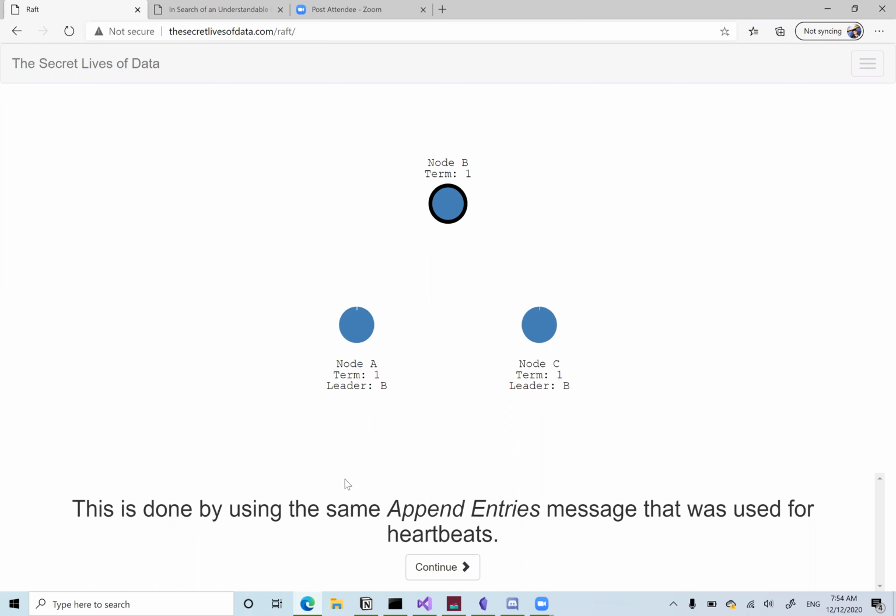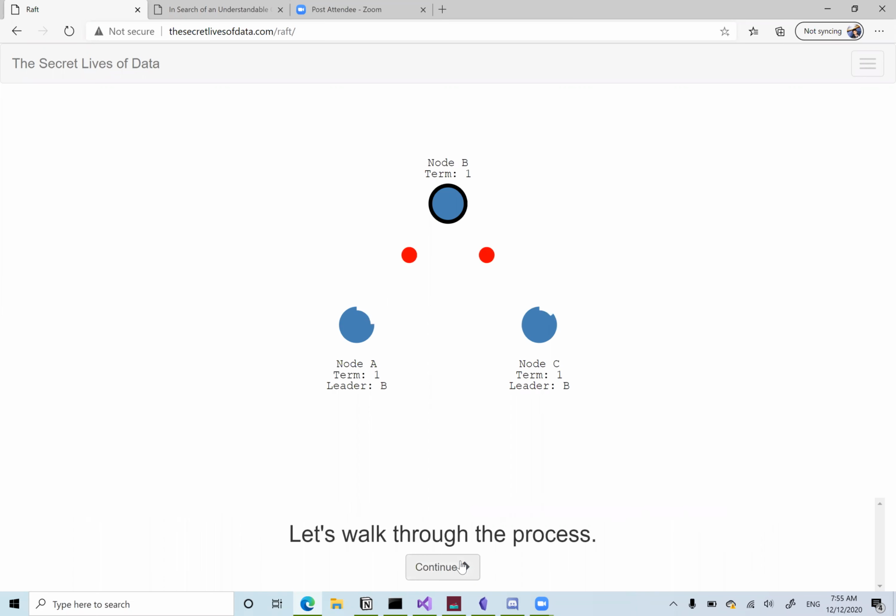So heartbeat is also being used to tell that there is a leader in the system and also to append these entries, which could be the messages sent by clients that have to be replicated among all the nodes in the system. So let's walk through a process.